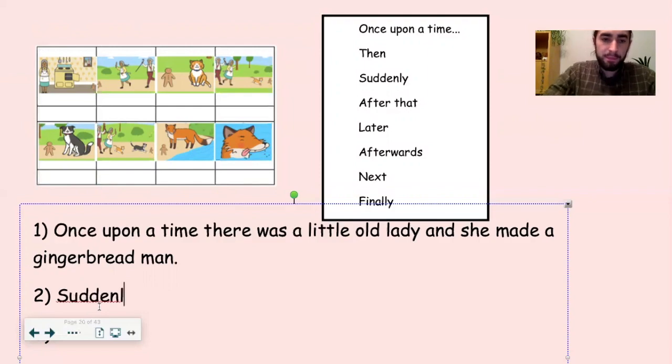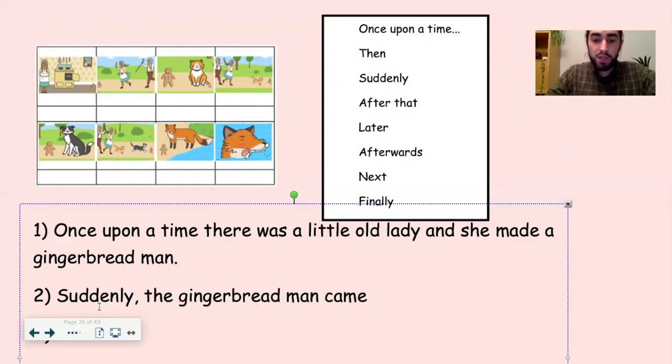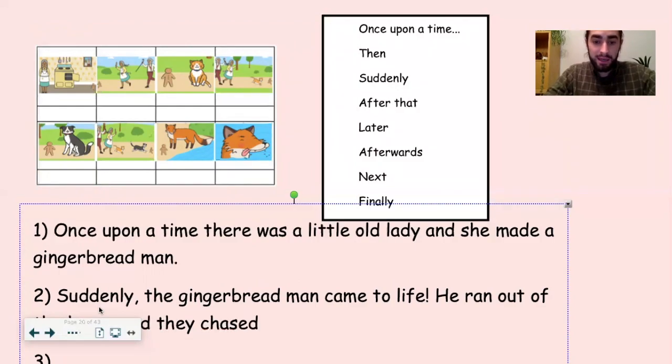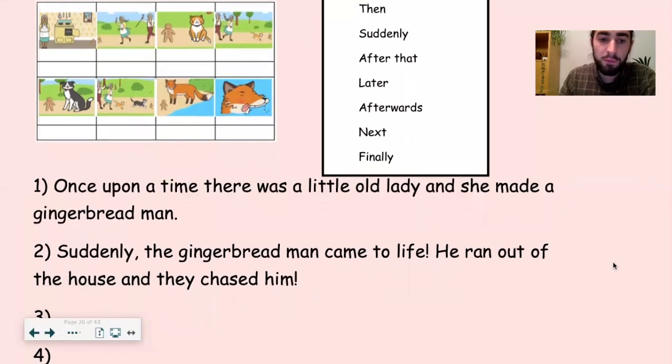Suddenly, the gingerbread man came to life. He ran out of the house and they chased him. That's the second part of my story.